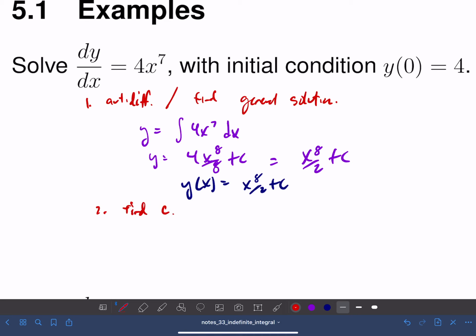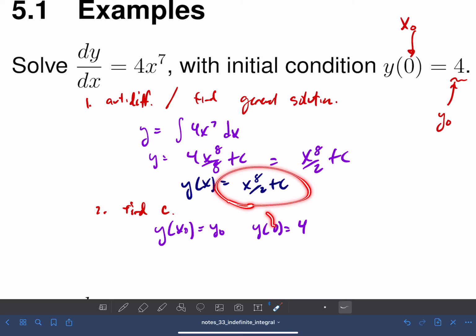So what I'm going to do is take this 0 right here, that's my x naught, and take my 4, that's my y naught, and plug those in. So I'm going to have y of x naught equals y naught, generally speaking. y of 0 equals 4, fine.